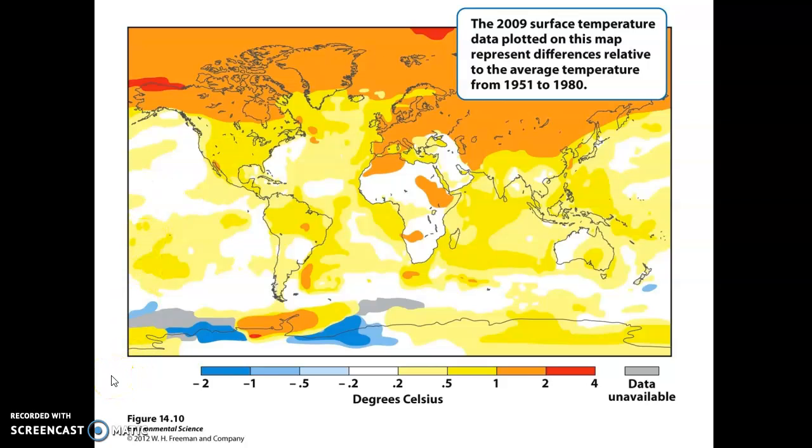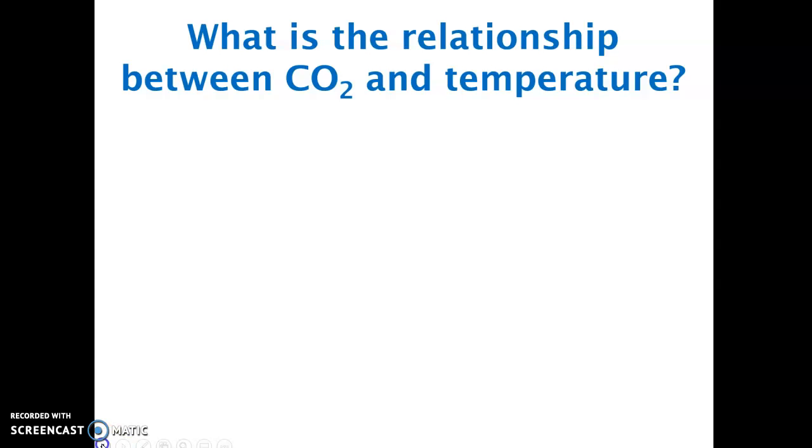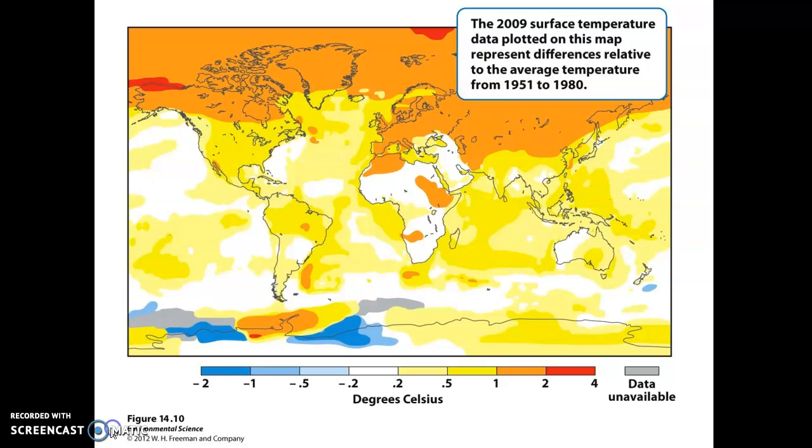All right, now we're going to turn our attention to a different aspect. We have been looking at temperature changes, and now we're going to look at current data on carbon dioxide.